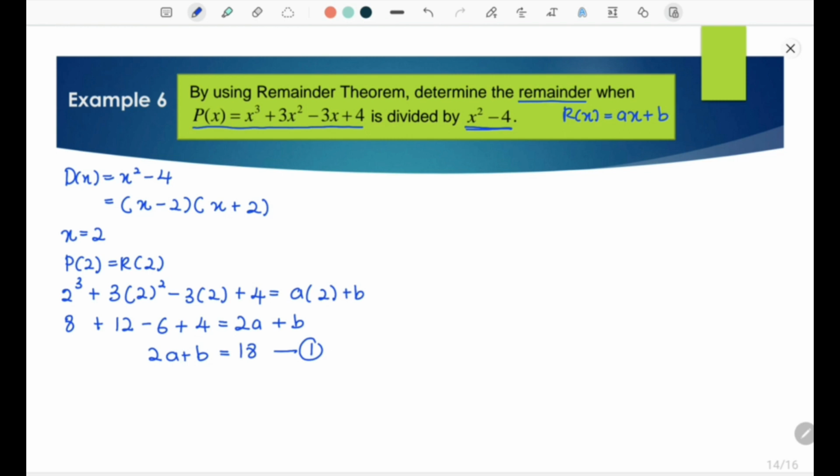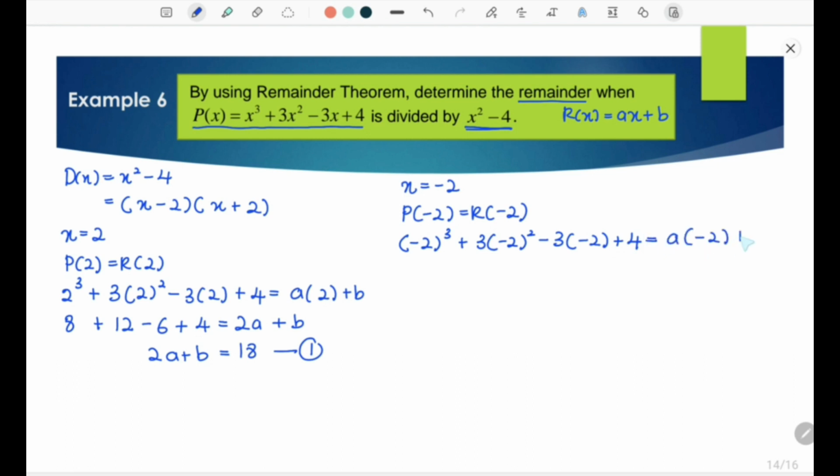Now for the second equation, we're going to have x equal to negative 2. So when x equal to negative 2, we know that p(negative 2) equal to r(negative 2) by the remainder theorems. So the same thing, which is we need to substitute x equal to negative 2 in this polynomial, also in this remainder. So we have the bracket negative 2 cubed plus 3 times negative 2 squared minus 3 times negative 2 plus 4 equal to a times negative 2 plus b.